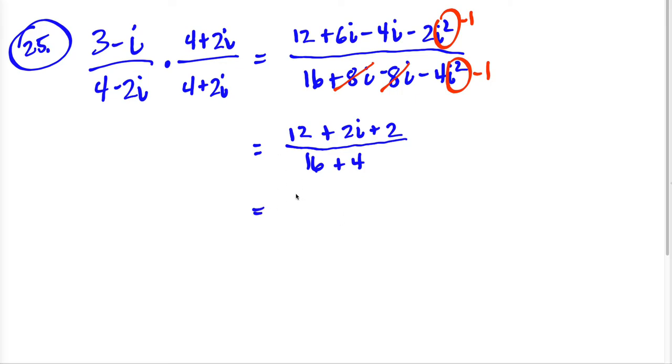I'll put the 12 and the 2 together. And then 20 on the bottom now. And then we're close to being done. If you know how to simplify it here, you can. Otherwise, I've just been finding most students have an easier time splitting it up to simplify. So we can certainly do that.